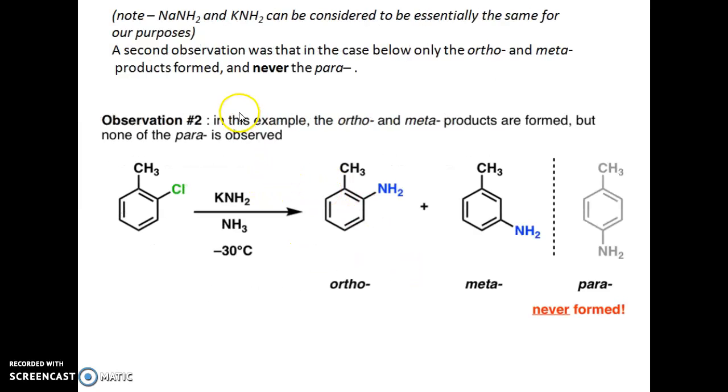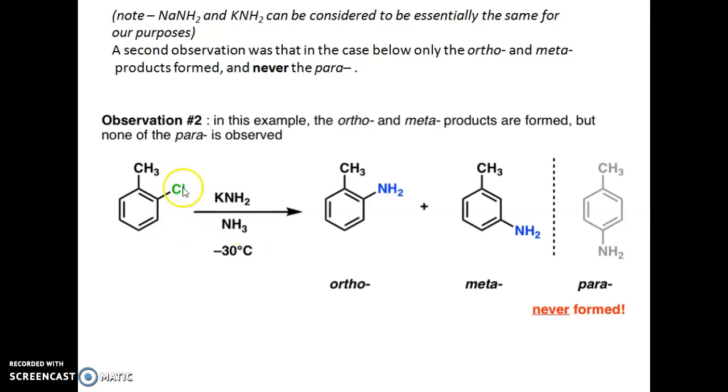If we take the second observation, only ortho and meta products are formed, but never para. In the example of ortho chlorotoluene, ortho and meta products are formed but no para product.